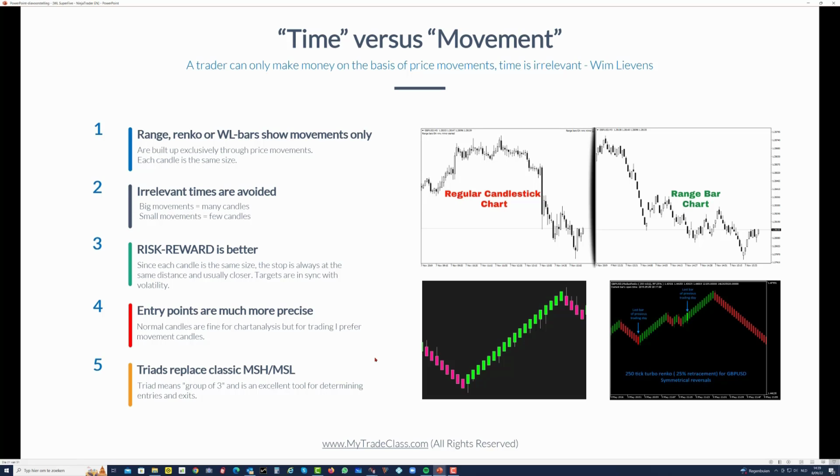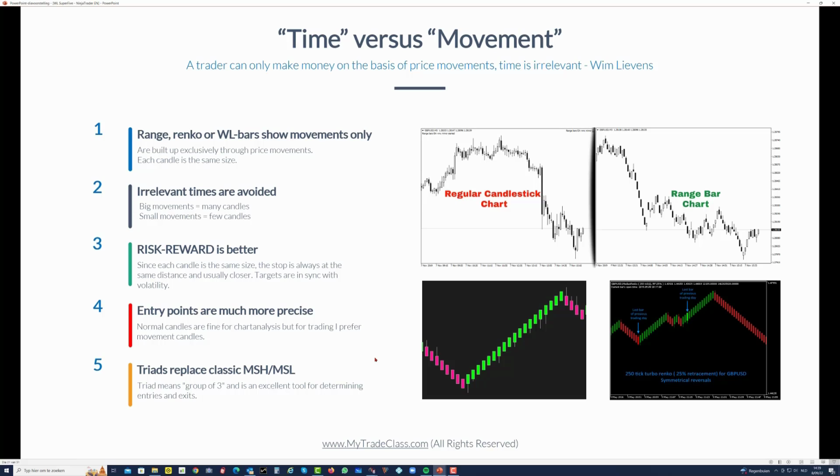What these WL bars are, in a nutshell, is a combination of range bars, Renko bars, and Heikin Ashi bars. In my opinion they combine the advantages of every single bar without the inconveniences, because they are programmed one on the other.